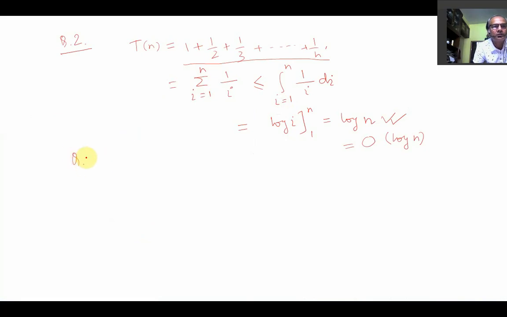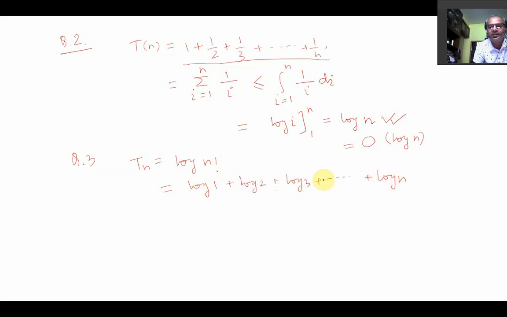Question number 3. So Tn is equal to log n factorial. This is basically, you can write log n factorial means 1 into 2 into up to n. So this is log 1 plus log 2 plus log 3 plus dot dot dot plus log n.